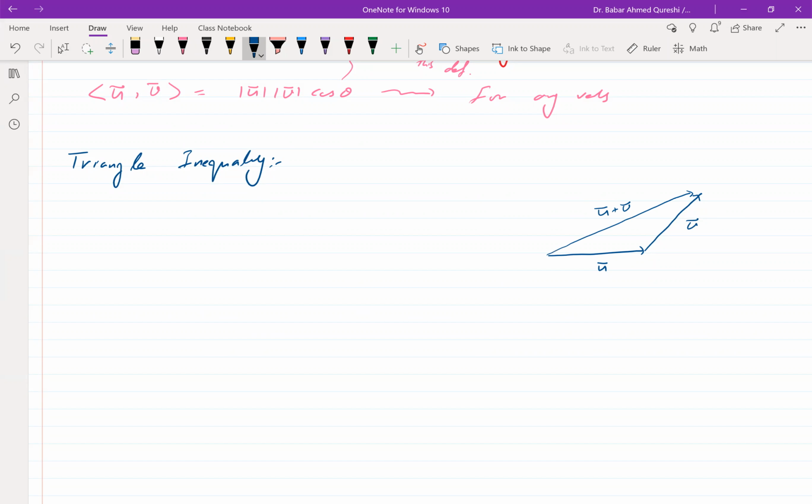But now I know that the triangle inequality holds. In other words, the length of the sum is less than, and the square is less than these guys.